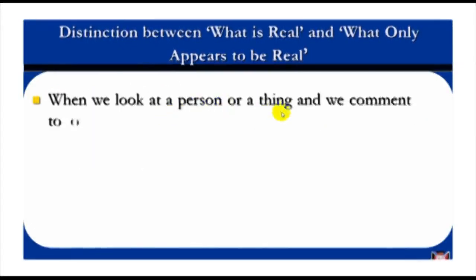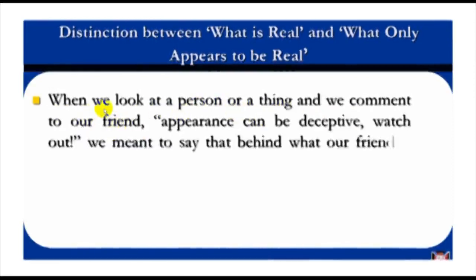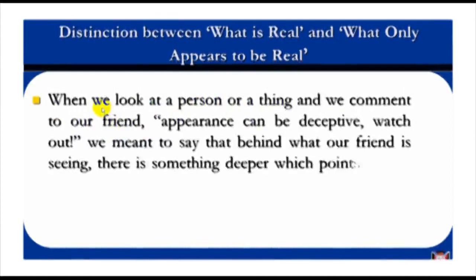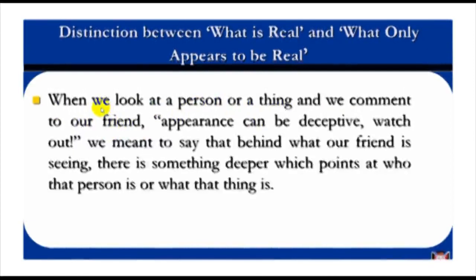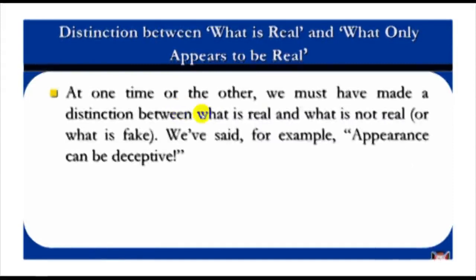Distinction between what is real and what only appears to be real. At one time or the other, you must have made a distinction between what is real and what is not real, or what is fake. You've said, for example, appearance can be deceptive, and you don't stop just at this distinction alone.